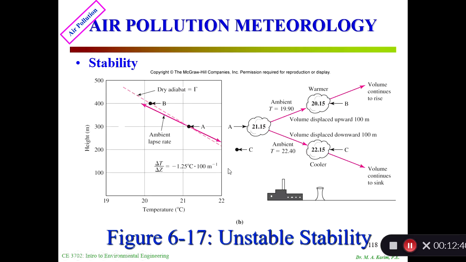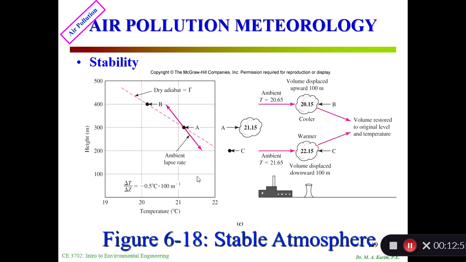If it is less than -1, then it is unstable. Sorry, it is unstable if it is less than that, and if it is greater than that, then it is stable. The neutral case is equal to -1.0. The -1.0 is called the standard lapse rate, or adiabatic lapse rate.